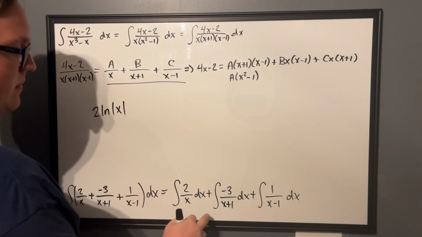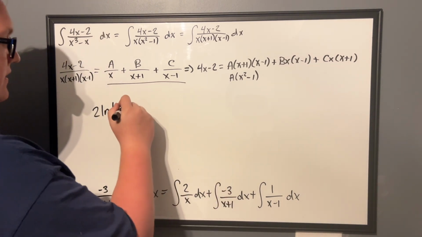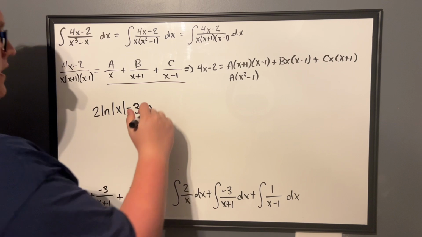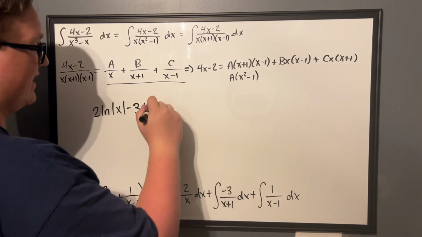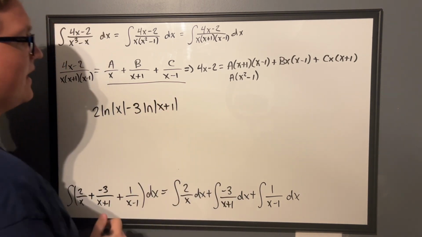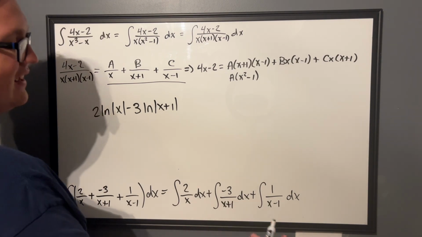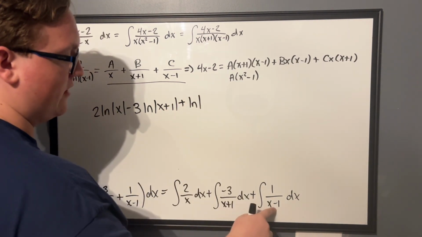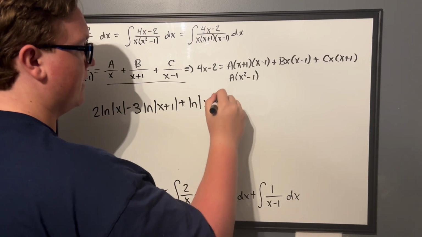Then this one is going to be a minus 3 natural log, because the x is in the denominator, and because of the u sub, it's really just going to give us x plus 1 inside. And the last one is kind of the same idea. We're going to have plus the natural log of the absolute value of the denominator, which is just x minus 1.